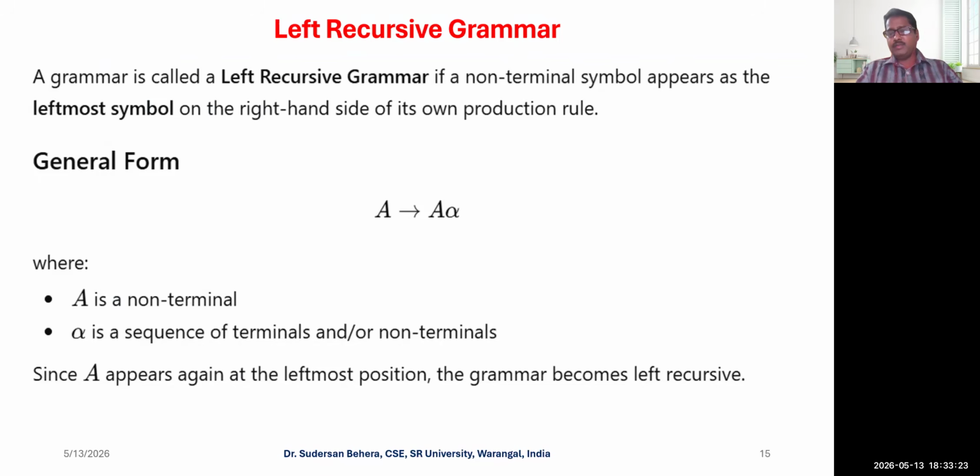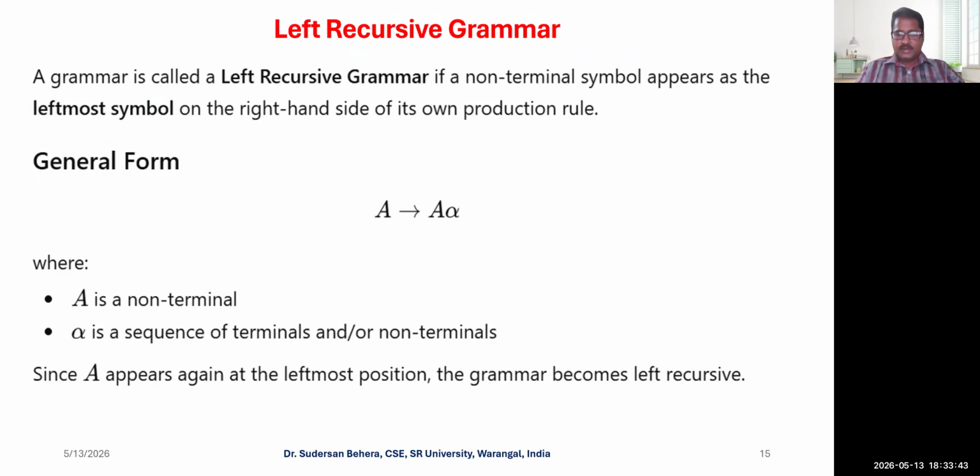A derives A alpha. If you again replace A by A, then the same thing may occur. A derives A alpha, A derives A alpha, again and again the same thing will be repeated. So it makes the parser reach an indefinite loop.